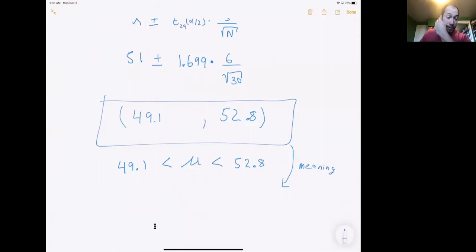Now I want to just touch on the meaning. The meaning of this confidence interval: it's tempting to say that 90% of the time the mean is between 49.1 and 52.8, but that's not quite technically correct. So the meaning of this confidence interval, I'll type this in the chat.